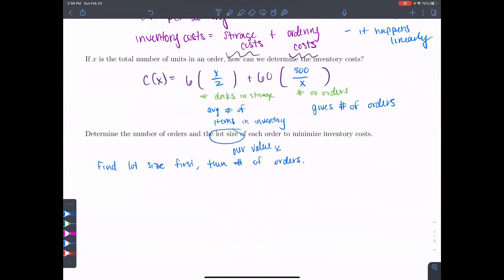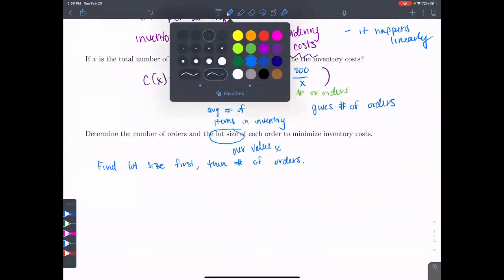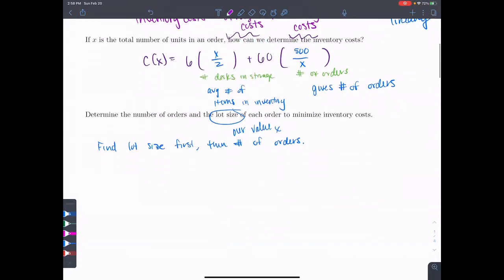So going back up to our function C of X, I'm going to simplify this to just 3 times x, and then 60 times 500 is 30,000 times x to the negative 1.